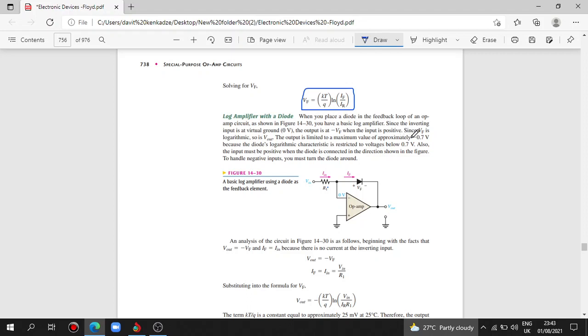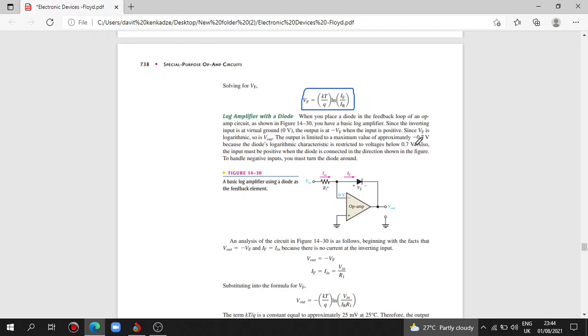When the output is positive, since it is minus Vf, the output is limited to a maximum value of approximately minus 0.7 volts, because the diode logarithmic characteristic is restricted to voltages below 0.7 volts. Also, the input must be positive when the diode is connected in the direction shown in the figure.